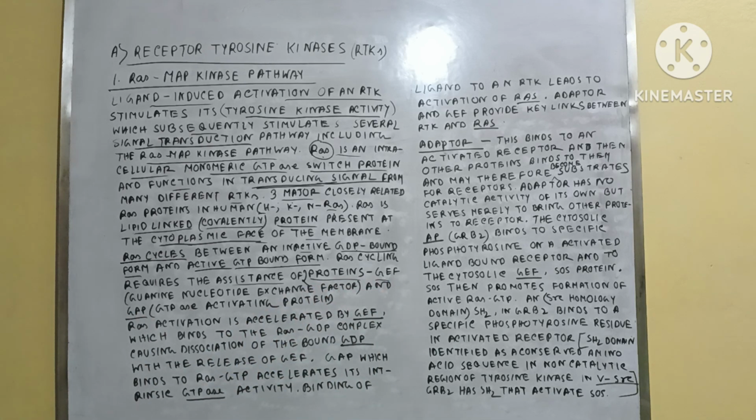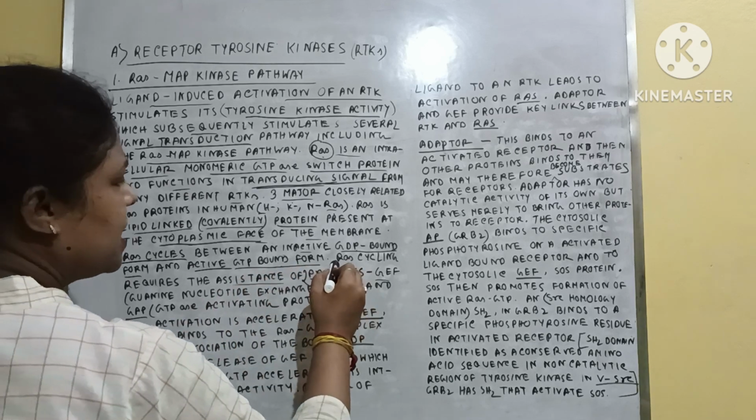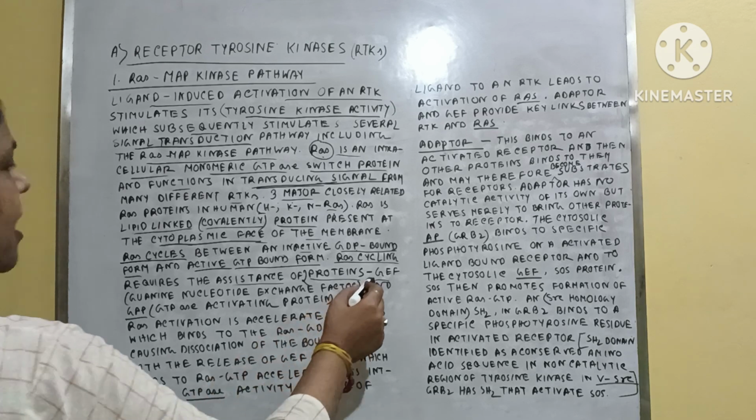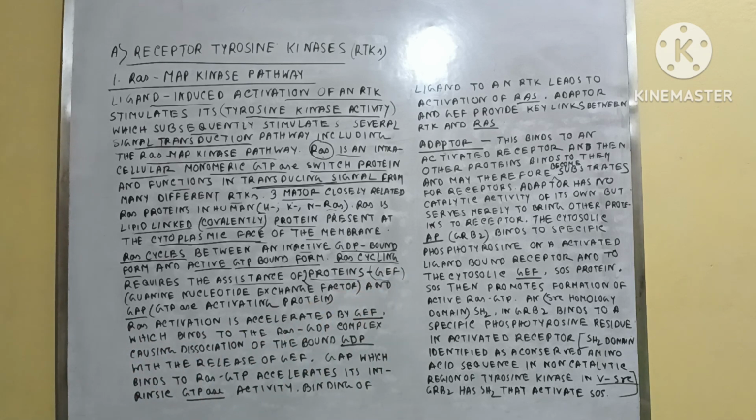These two proteins are very important and help in the RAS cycling process. The full form of GEF is guanine nucleotide exchange factor, and GAP means GTPase activating protein.